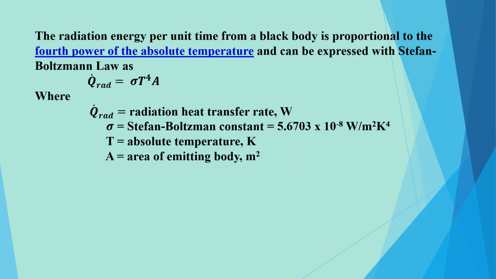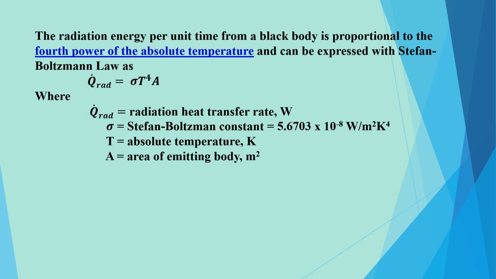The radiation energy per unit time from a black body is proportional to the fourth power of the absolute temperature and can be expressed with Stefan Boltzmann law as Q dot rad equals sigma times T to the fourth times A, where Q dot rad is the radiation heat transfer rate in watts.